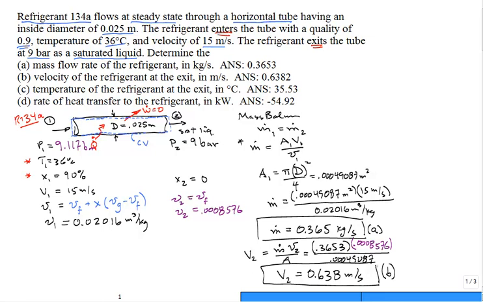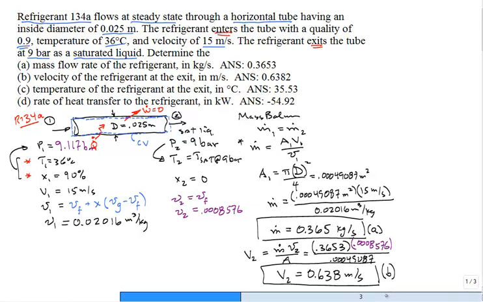Okay. Well, what about part C? What is the temperature of the refrigerant at the exit? So I'm leaving a space right here. What is T2 equal to? Okay, well, just like we deduced P1, because it's the saturation pressure at 36 degrees C, you do the same thing and you say T2 is the saturation temperature at 9 bar. So let's take a look at our table.